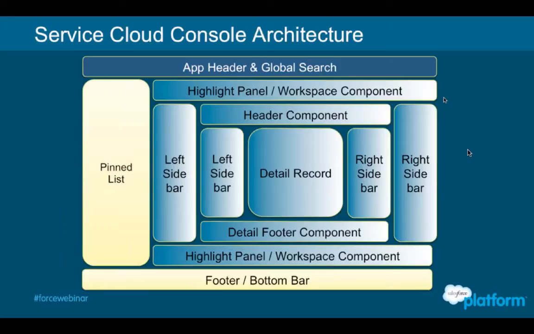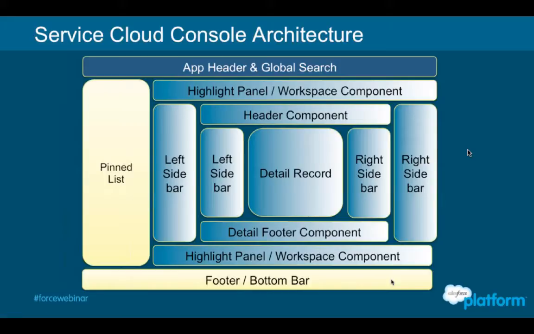So let's talk a little bit about the architecture of the Service Cloud console. At its basic core, the Service Cloud console is an application framework. So this block diagram describes the various regions of the console layout at the app level and primary tab level. The areas in yellow are configured at the application level and are presented for your users consistently throughout their day.